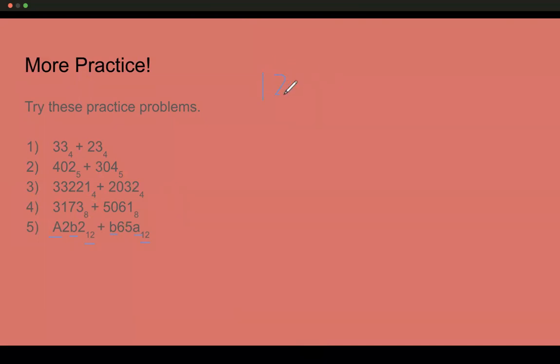So 12 minus 1 is 11. So 11 is now the biggest single digit number you can have.